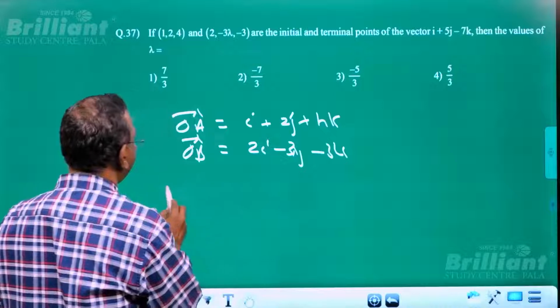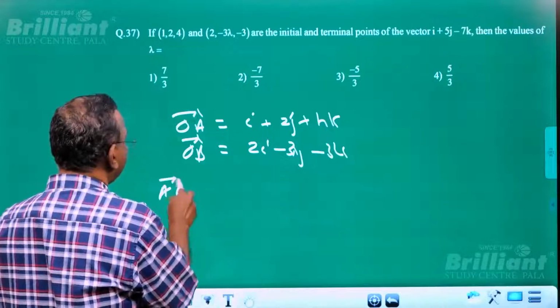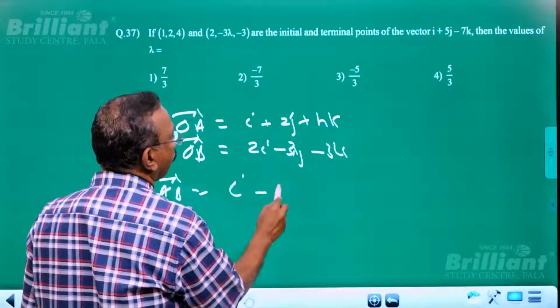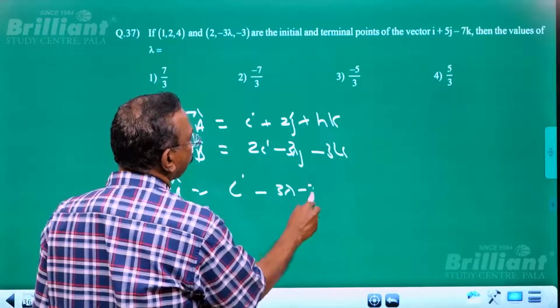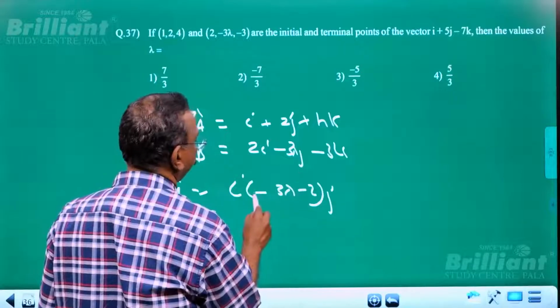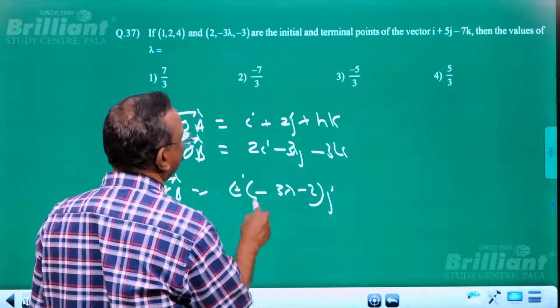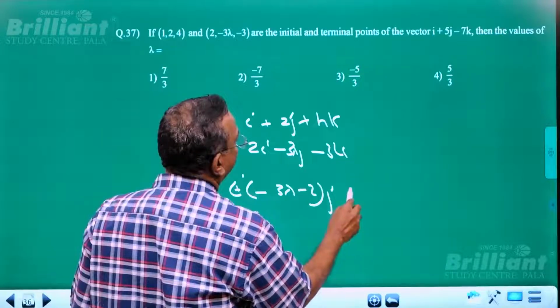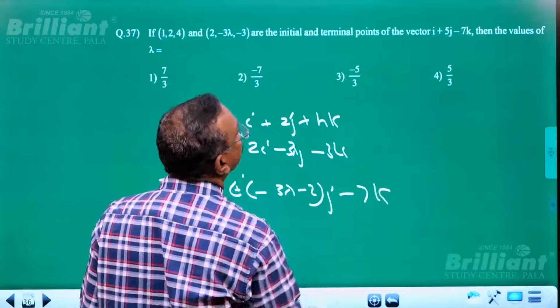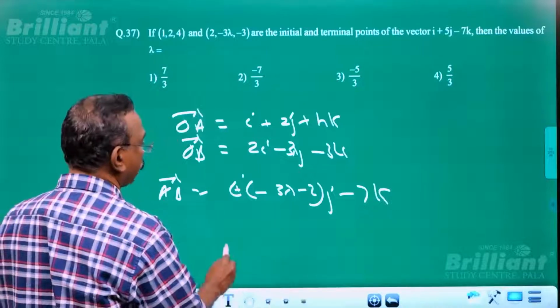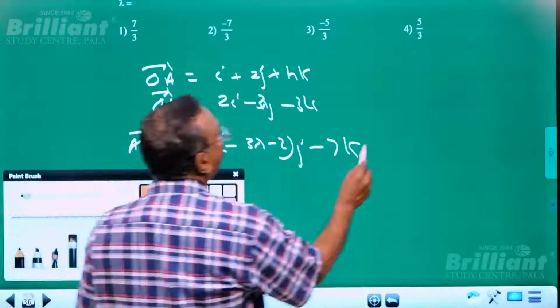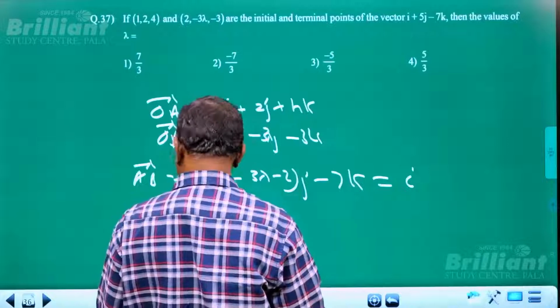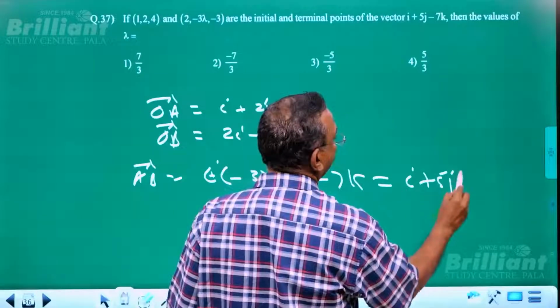So when you choose it as vector AB, the difference is i + (-3λ - 2)j - 7k. This will be exactly the same as our condition, i + 5j - 7k.